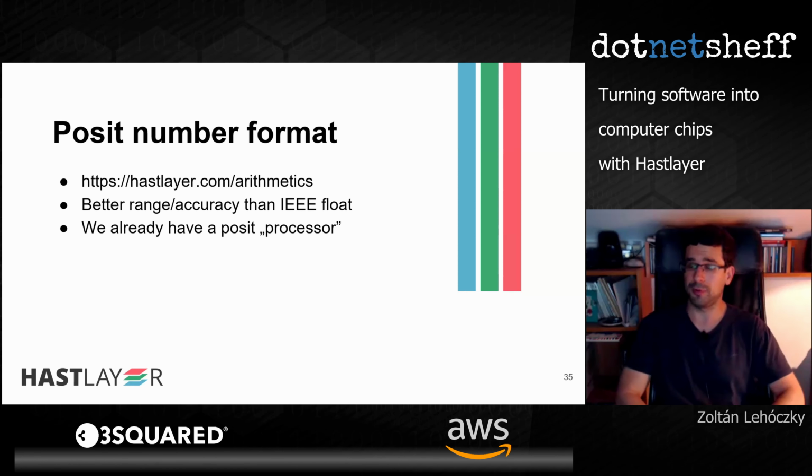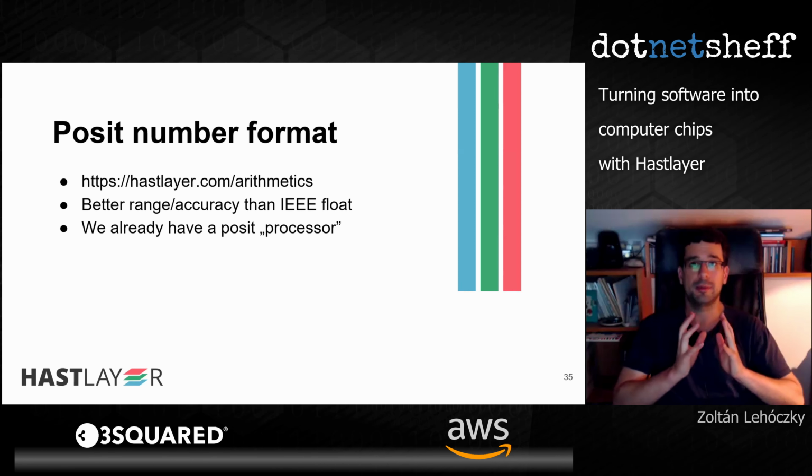And this is what happens with the number type called Posit as well. Now, Posit is not invented by us. It was created by a mathematician called Dr. John Gustafson, who has been working on it for the last couple of years in Singapore. And Posit is a generally useful number format that's a drop-in replacement for something like the doubles in .NET.